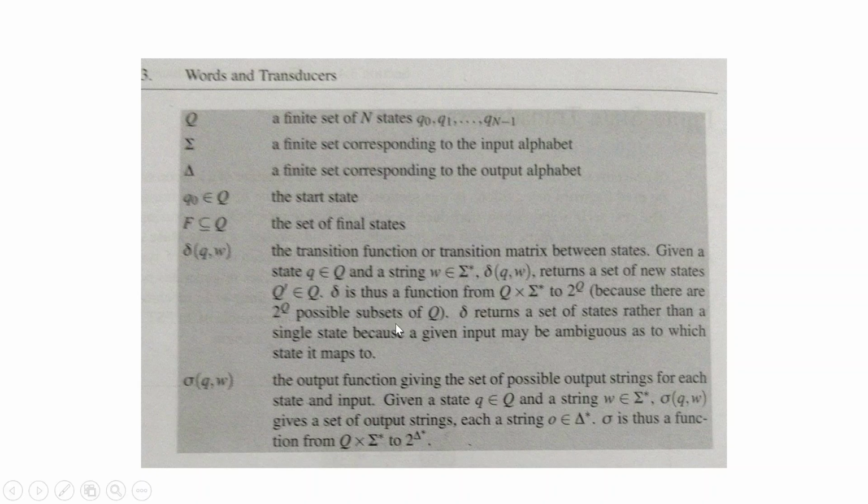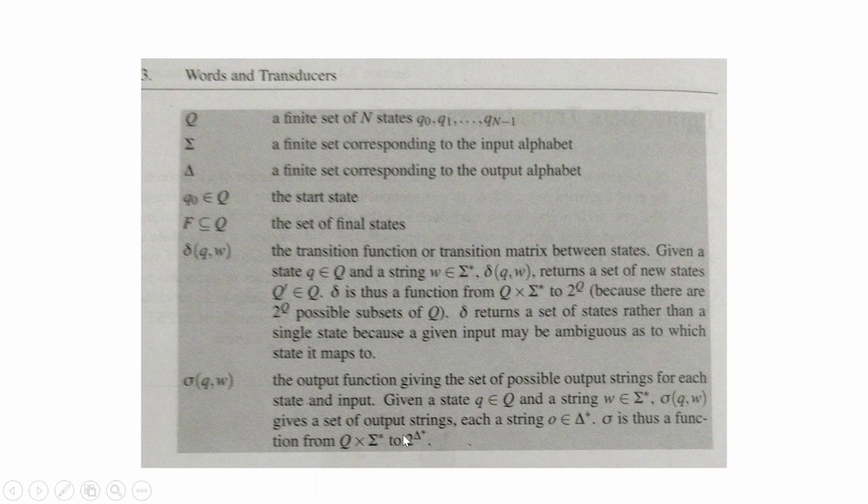Okay, so this is non-deterministic, and the small sigma is the output function, which is not present in the finite state automata. So the output function gives a set of possible output strings for each state and input. For each state and input, there are a set of possible output states, and each of these will have an output string also, right?